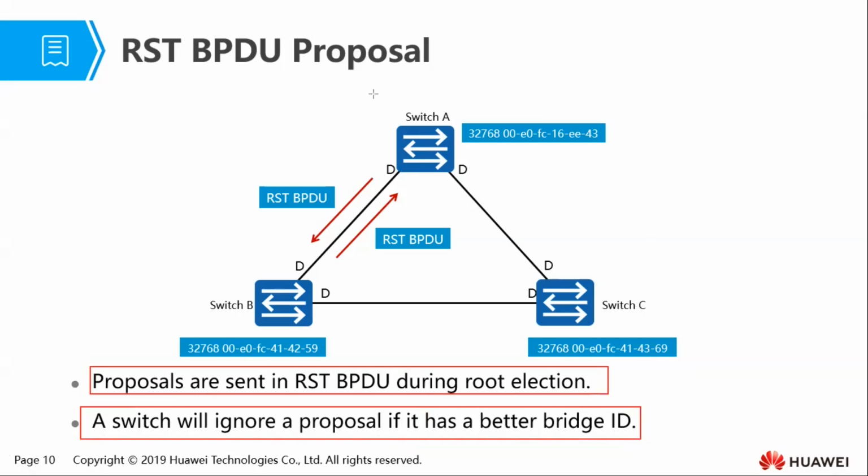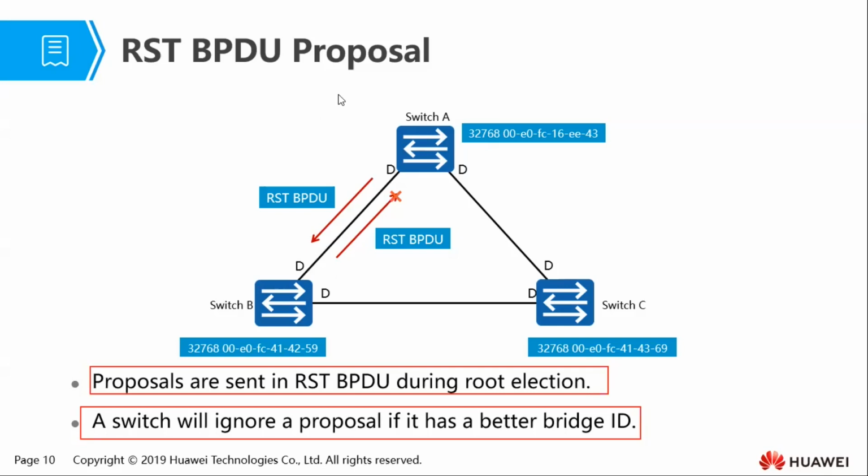So let's check, for example. If switch A has a better bridge ID compared to switch B, when switch A receives this BPDU from switch B saying I'm the root, it will simply ignore it because it will see I have a better bridge ID than this guy. So ignore.